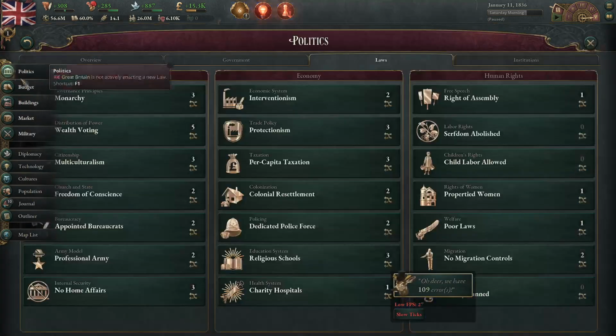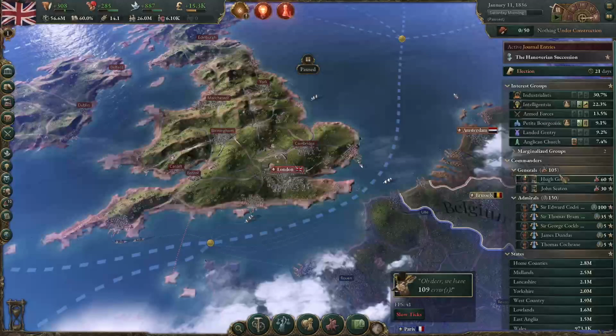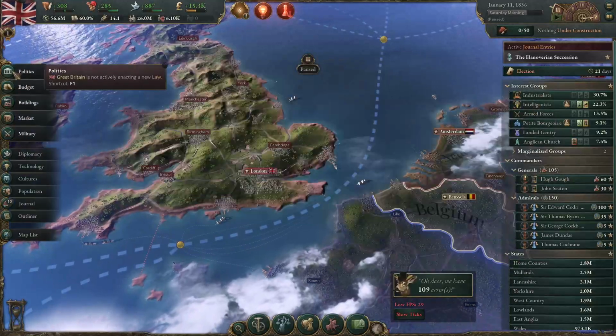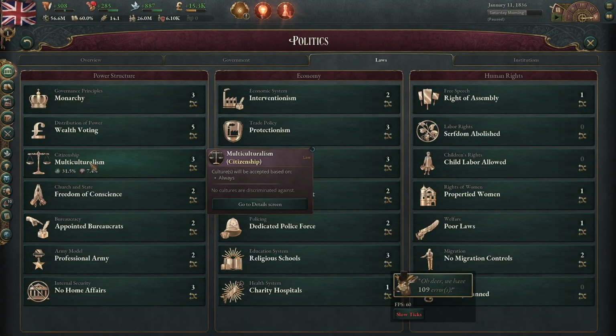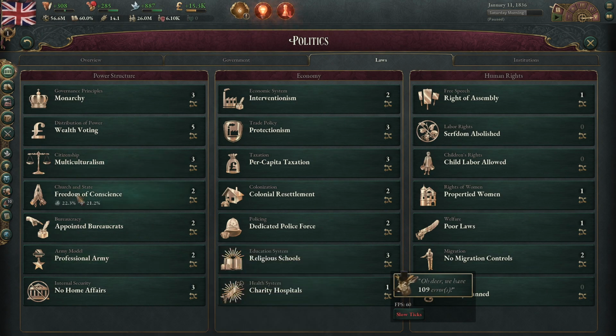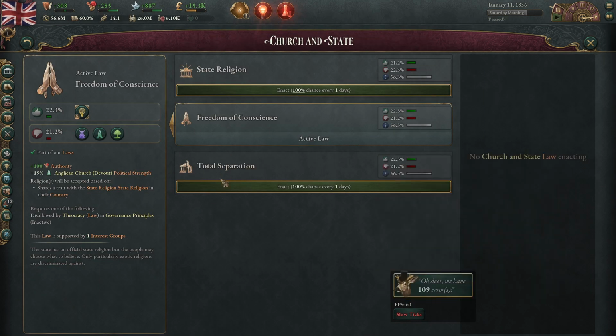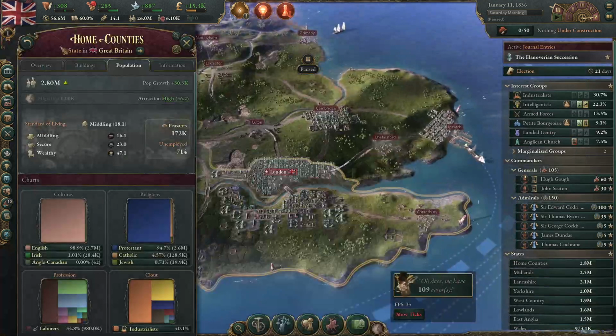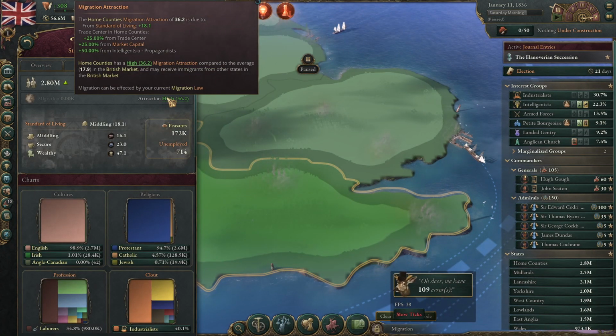So that's one thing you can do to dramatically increase your migration attraction: just make your intelligentsia happier. It'll also increase your multiculturalism, to have more liberal laws on freedom of conscience and state religion.